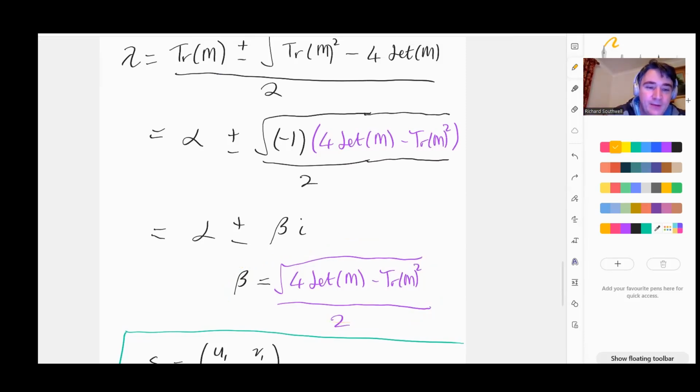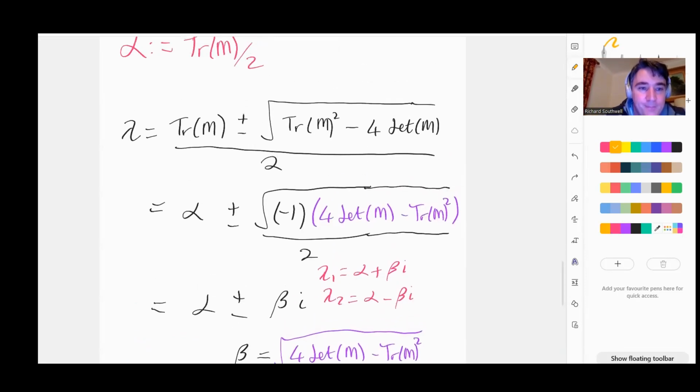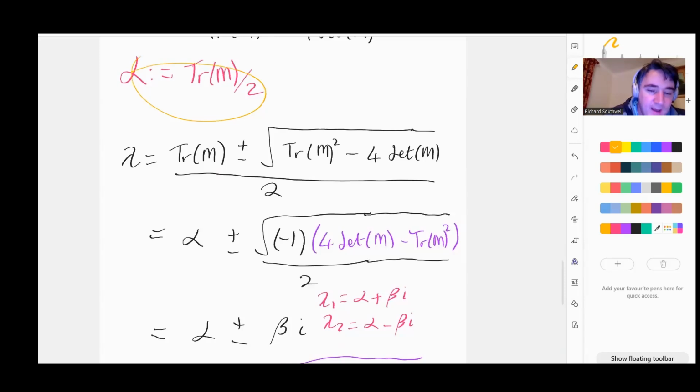And we can say that there's going to be 2 eigenvalues. There's going to be lambda1 equal to alpha plus beta i, and there's going to be lambda2 equal to alpha take away beta i. So i here is the square root of -1, and beta is this quantity here, and alpha is this quantity here.